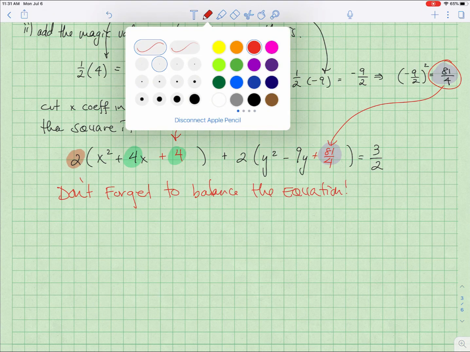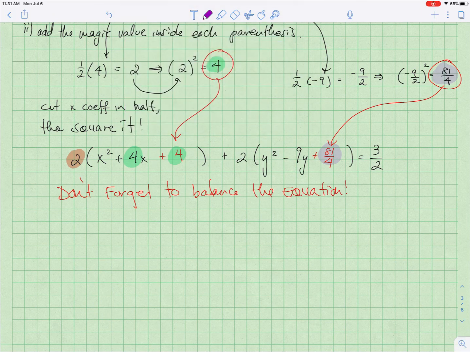So what does that mean? Well, we added in 4 here, but we didn't really add in 4. We actually added in 4 times 2. So if we add in 4 times 2 to the left, we're going to have to add 2 times 4 on the right side. And over here, we added in 2 times 81 over 4. So plus 2 times 81 over 4. So we have to balance the equation.